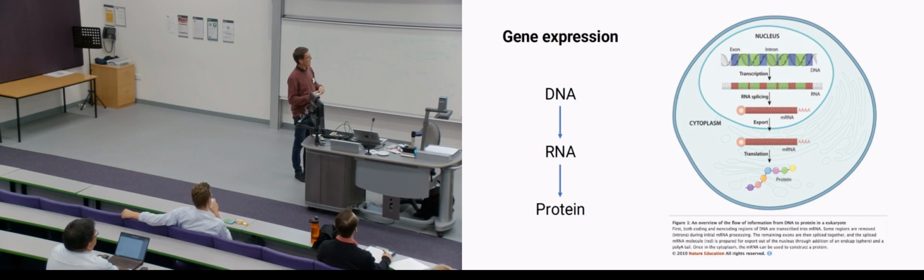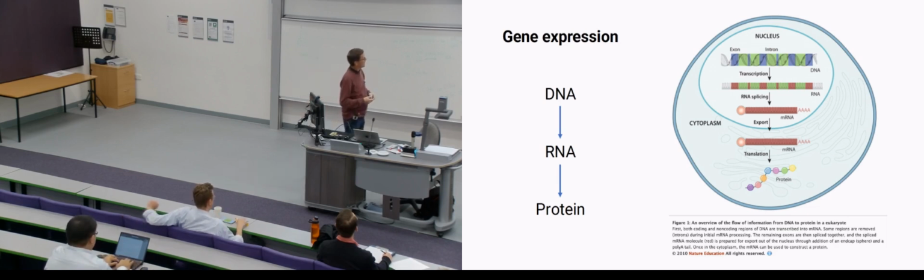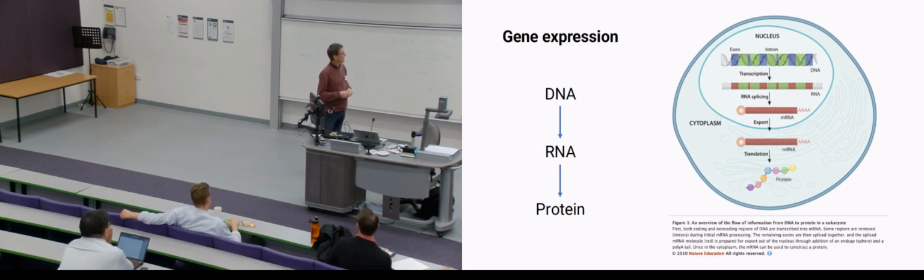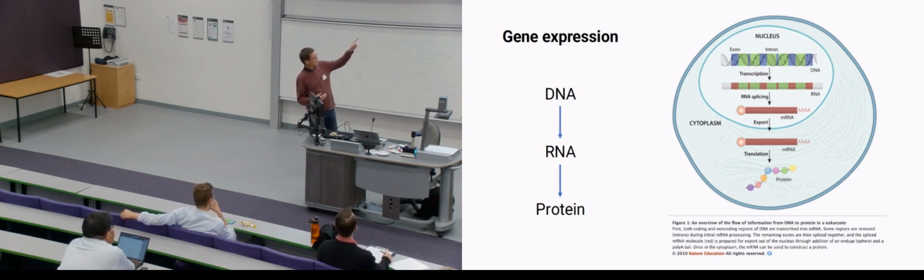So genes are encoded within your DNA, and then the DNA transcribes into RNA, and then the RNA comes out of the nucleus of the cell, and it's processed in a few different ways that we'll get into during the lecture, and eventually often forms a protein. So there's this flow of information from the DNA to the RNA and the protein. And today I'm going to talk about measurements of both the RNA level and the protein level.